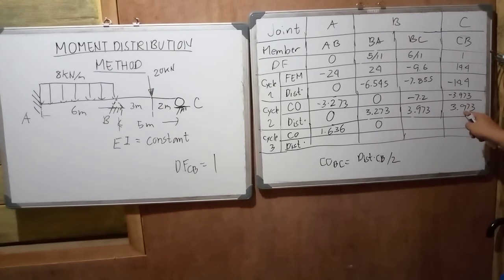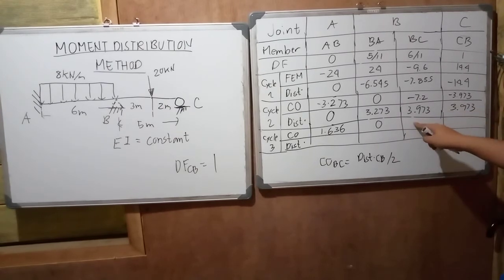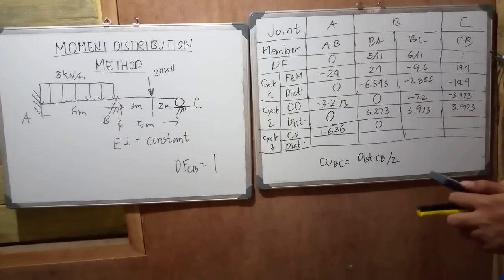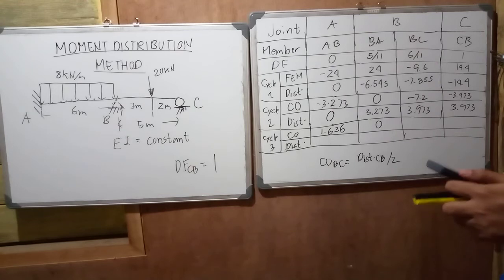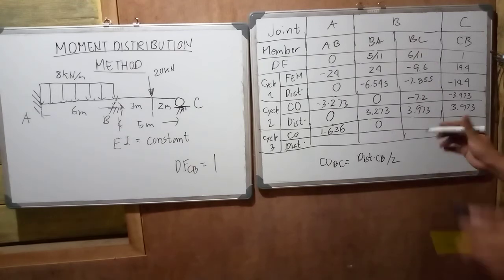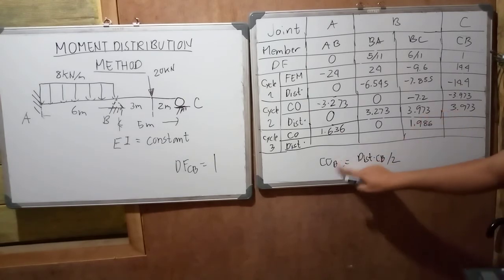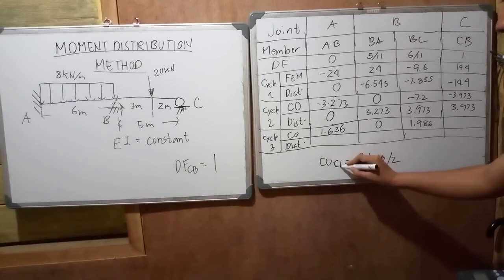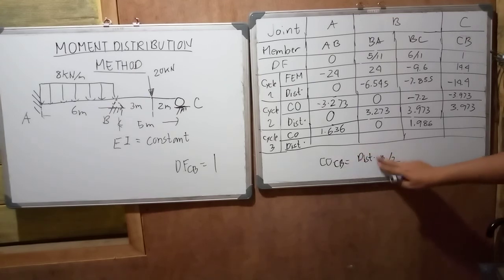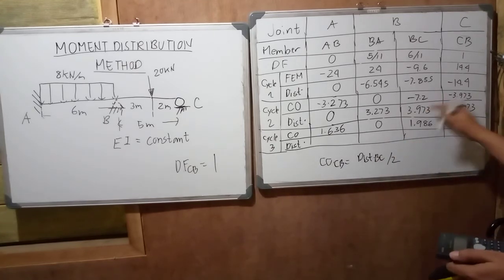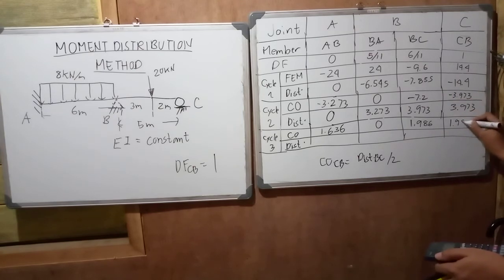So, 3.973 divide 2 is actually 3.9272727 to eh, divide 2. Okay. So, 1.986. Yung kay CB naman, yung kabaliktaran pa rin ni BC. So, ibig sabihin, 3.973 over 2 is 1.986 pa rin.